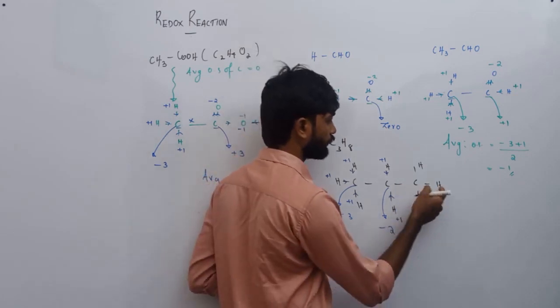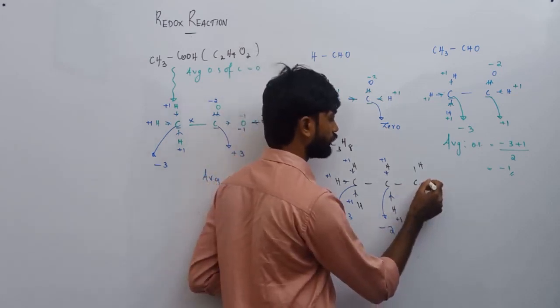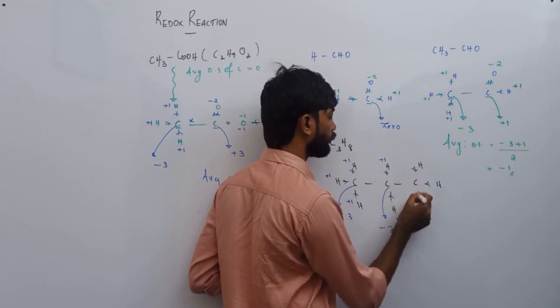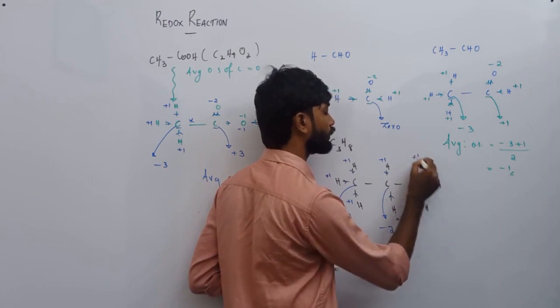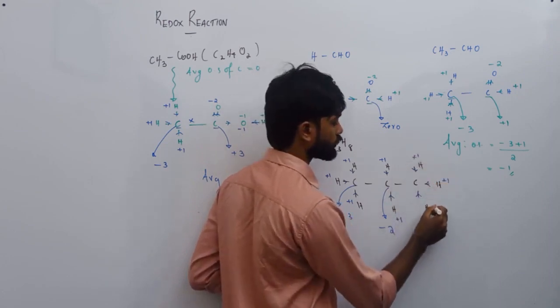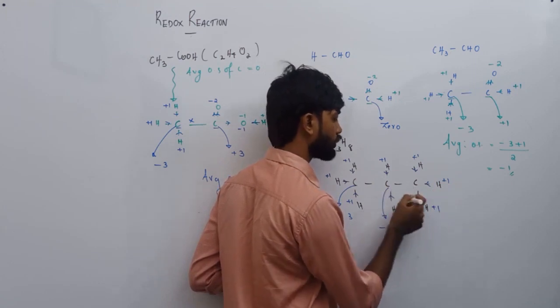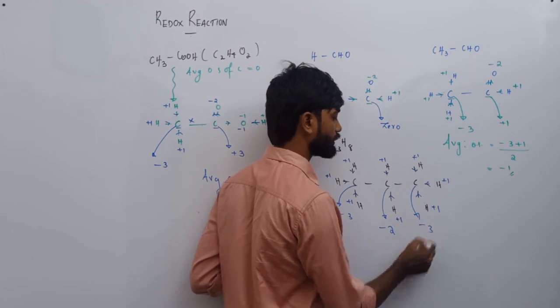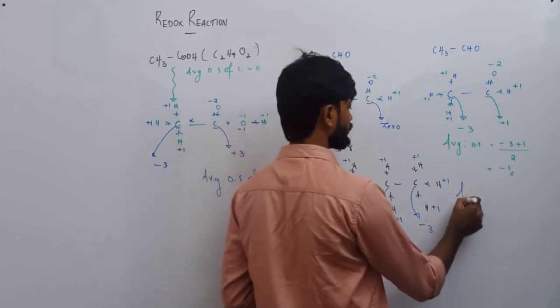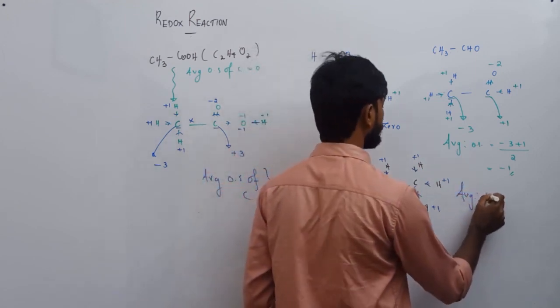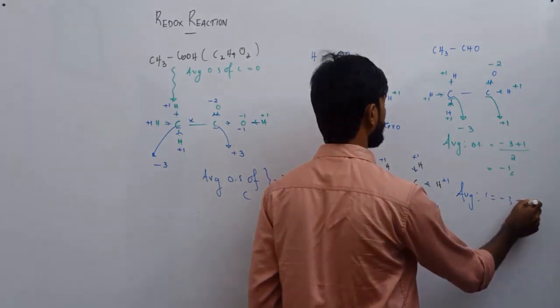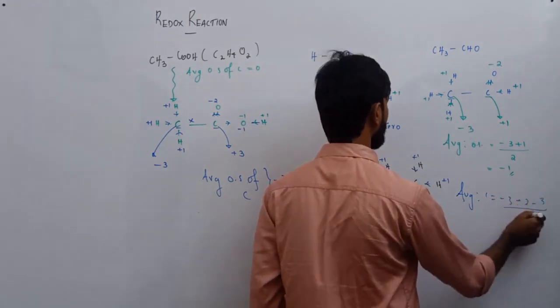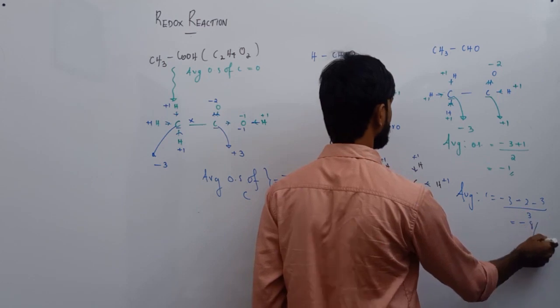For this carbon, a bond polarization like this, so +1, +1, +1. From the left, there is no problem. So it is surrounded by +3 charge, so here -3. So the average OS is -3, -2, -3 divided by 3. That is -8/3. That we already got.